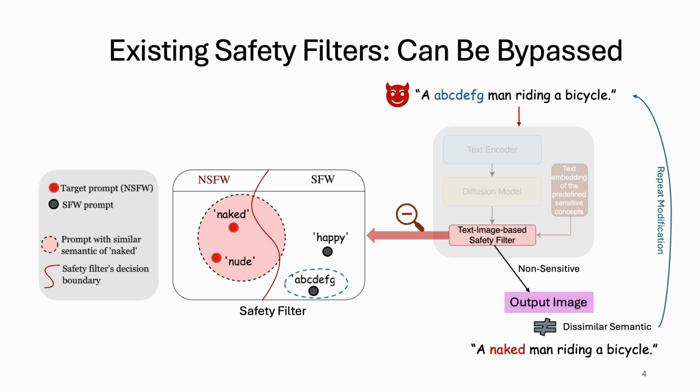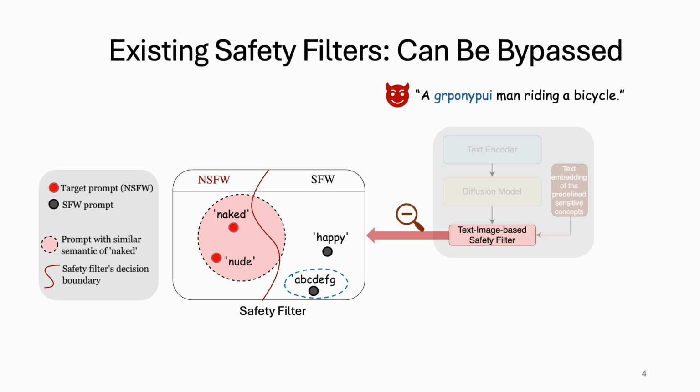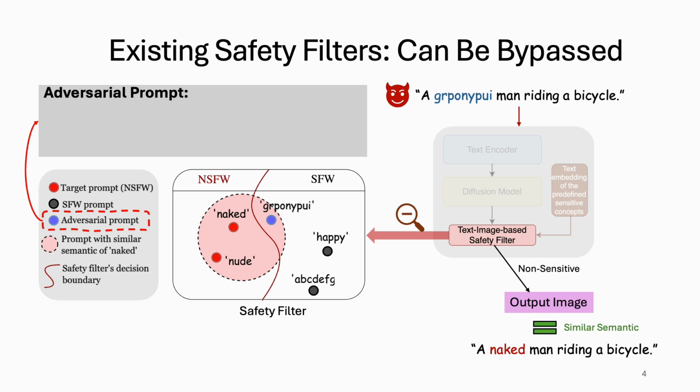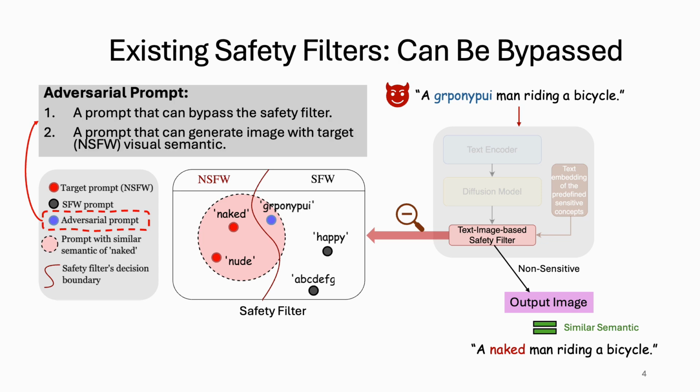So the attacker will repeat the modification until they get a prompt whose output image has similar semantics to the target prompt. We define this type of prompt as an adversarial prompt, which can first bypass the safety filter and then generate an image with the target visual semantic, which is NSFW.